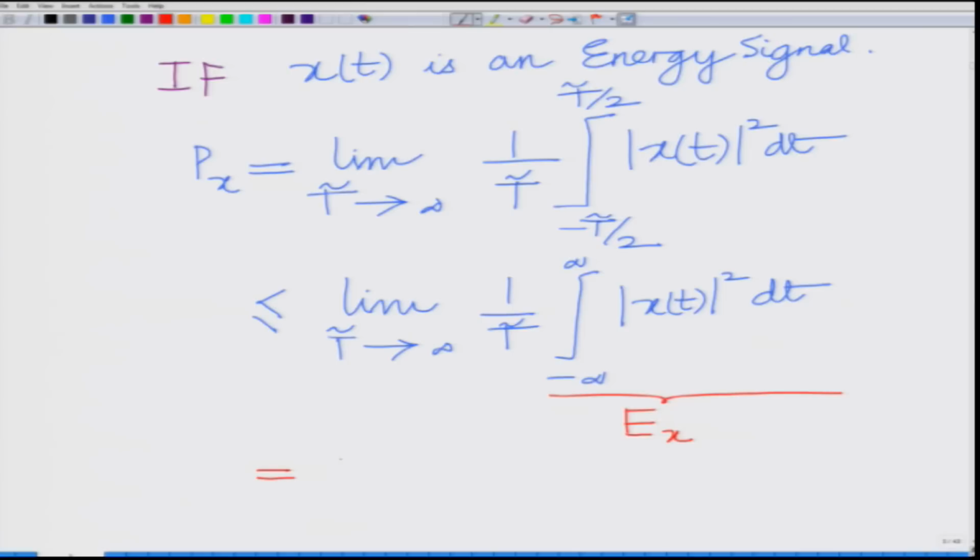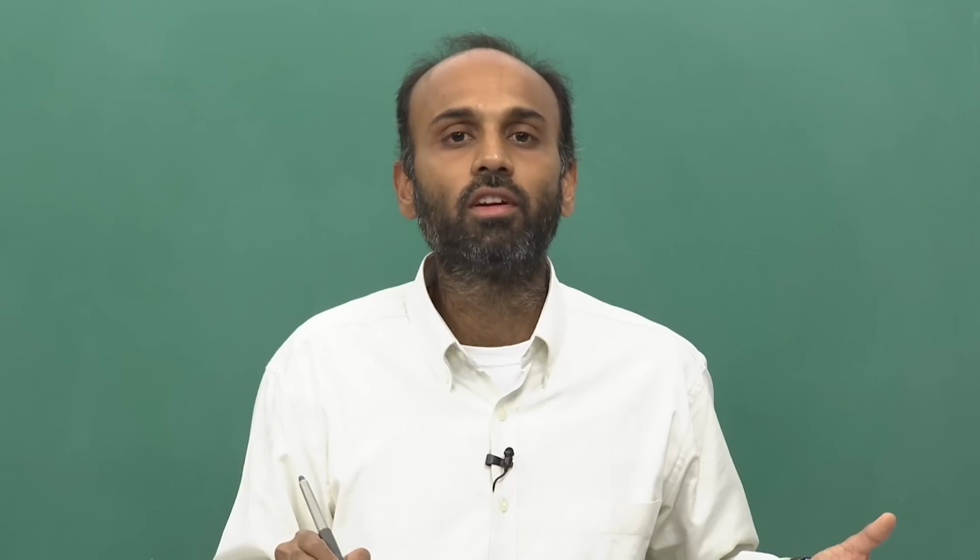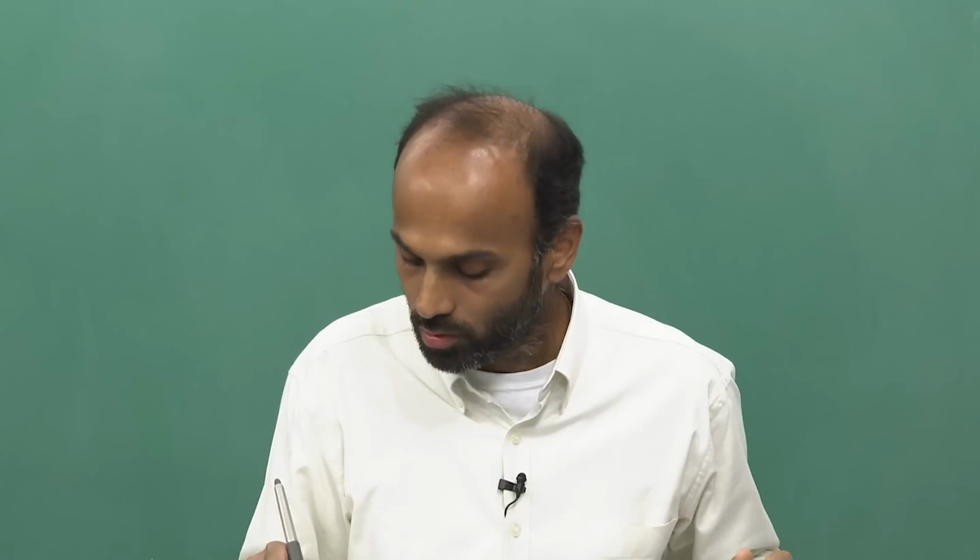Therefore, this is equal to the limit as t tilde tends to infinity of E x divided by t tilde. E x is a constant divided by t tilde, which is tending to infinity, therefore E x by t tilde tends to 0.